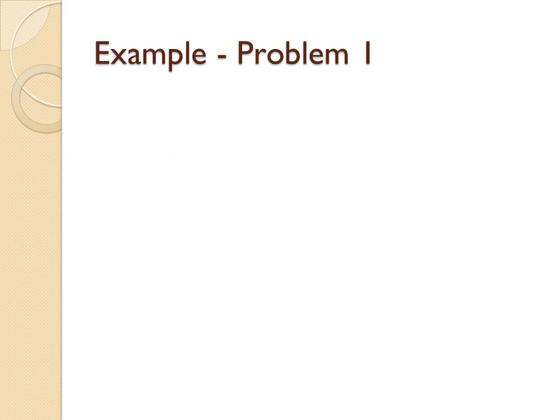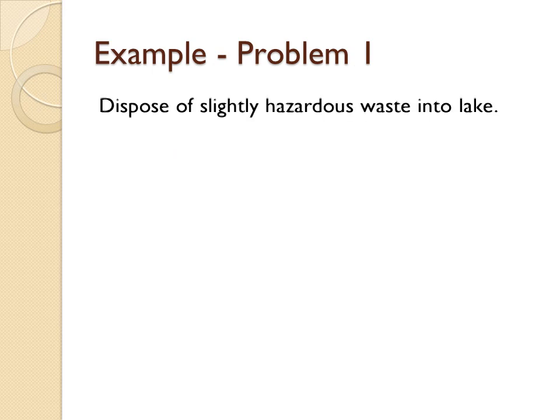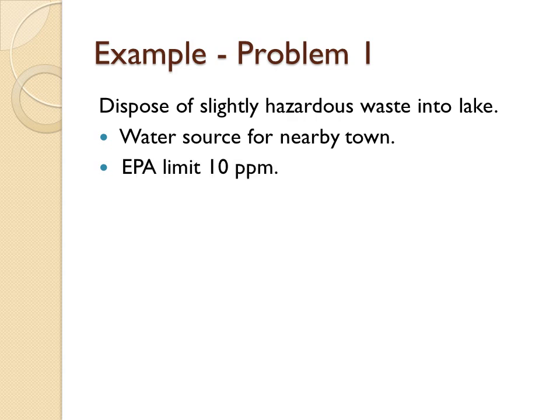Now let's see example problem 1. Dispose of slightly hazardous waste into lake. This is not the same case, it is different. This is not the one that we have just covered. The problem is to dispose of slightly harmful waste into a lake. That lake is the water source for a nearby town.